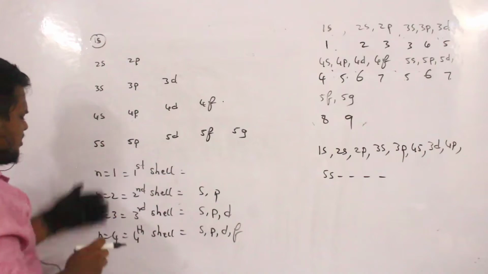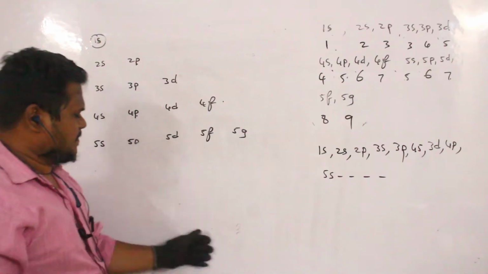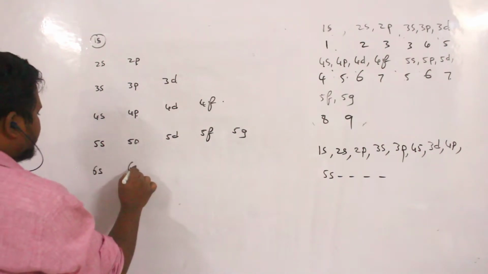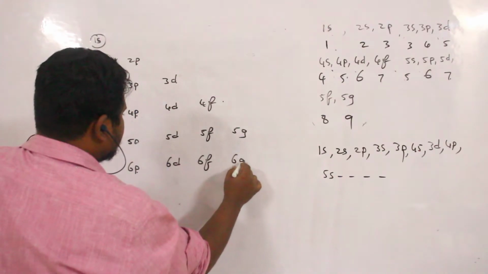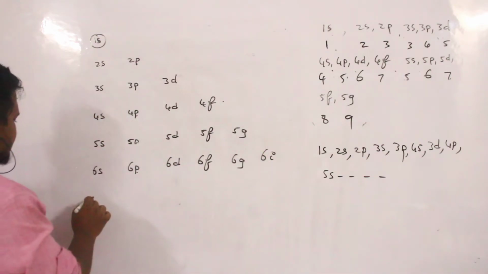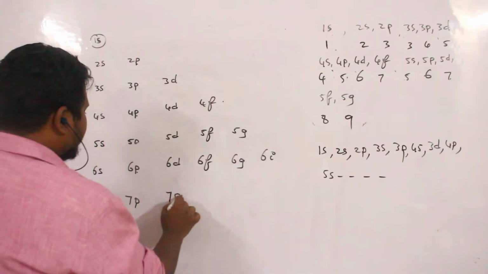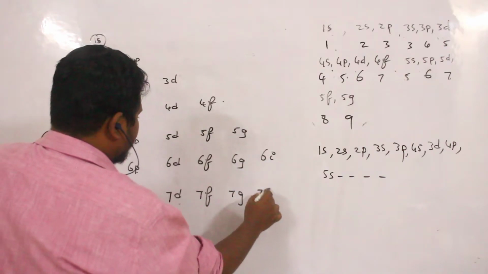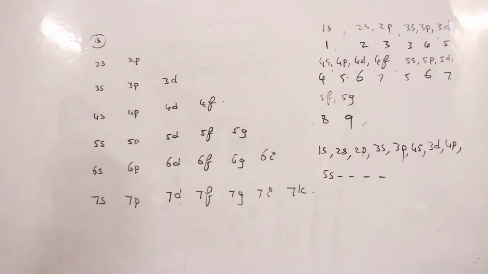Then 6s, 6p, 6d, 6f, 6g, 6i. Next 7s, 7p, 7d, 7f, 7g, 7i, 7k. Okay? Like this you have to write the sequence.